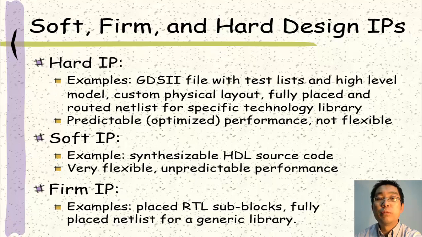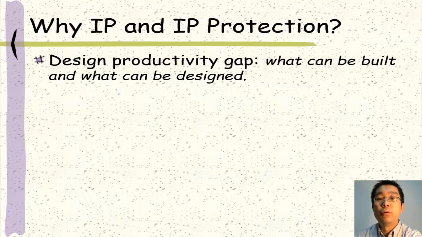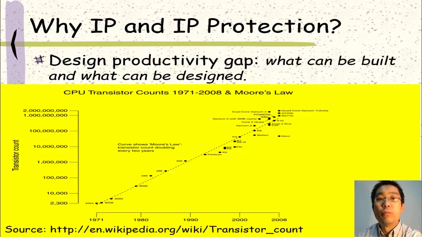The driving force behind the intellectual properties is the design productivity gap, the gap between what can be built and what can be designed. This figure is available from Wikipedia. It shows the CPU transistor counts in the past 40 years, following the Moore's law.